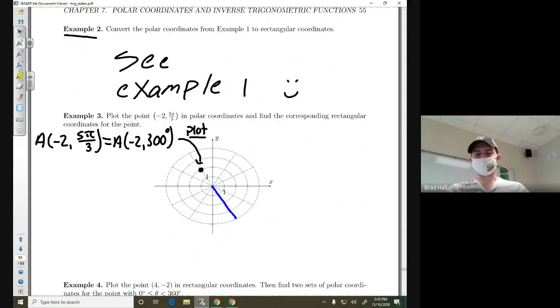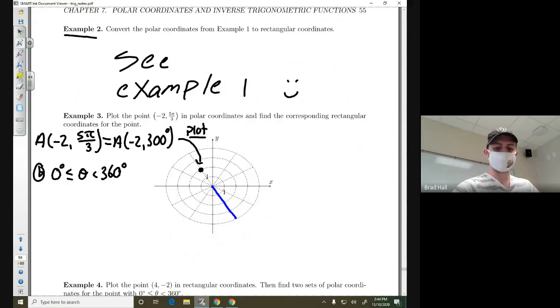From here, I'm just going to go ahead and find, as I mentioned before, part B, another point such that the angle lies within 0 and 360 degrees, which is really not too bad. So we can negate the radius. -2 becomes 2.